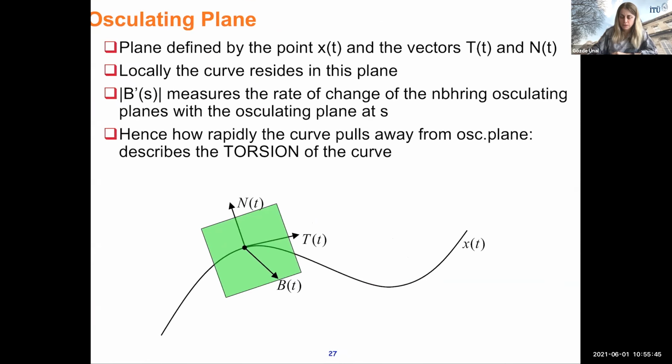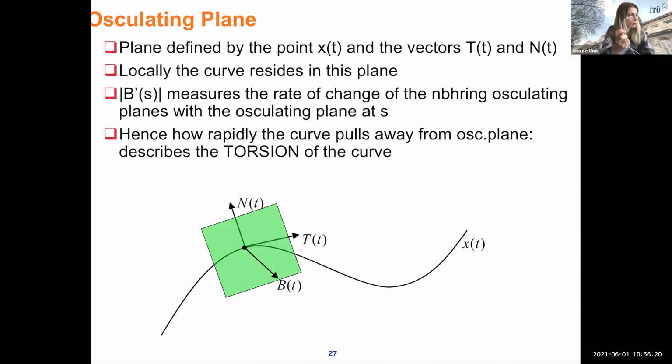We've defined this osculating plane, exactly the plane defined by the tangent and normal vectors, and the curve locally resides in this plane. This green plane nicely shows that osculating plane. And B prime measures the rate of change of neighboring osculating planes. Exactly, I was saying this in the previous slide, how fast those planes change once you start twisting the curve.